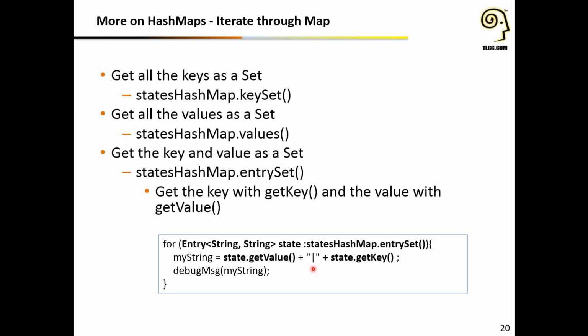Well, we can do the same on XPages with our combo boxes and list boxes. So we can build a string that has the value the user sees to the left of the vertical bar, and to the right of the vertical bar is the alias. In this case, I'm going to loop through all the states, get the value, which is the full state name, concatenate it to a vertical bar, add on the abbreviated name, and in this case, I'm just sending out a debug message. But then you could use that to build maybe a list that you send to a combo box.